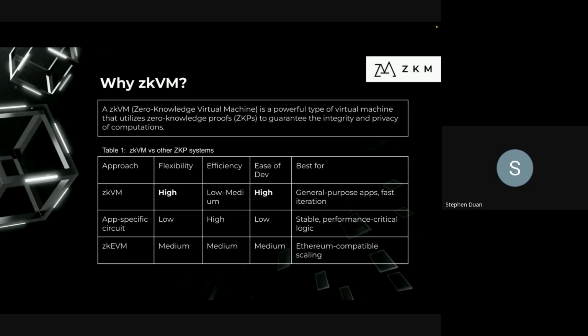So that means their underlying ISA, ISA means instruction set architecture, is the bytecode. And for zkVM, we extend it to a more general purpose ISA, like RISC-V, MIPS, WASM, and maybe some customized ISA. zkVM means zero knowledge virtual machine.